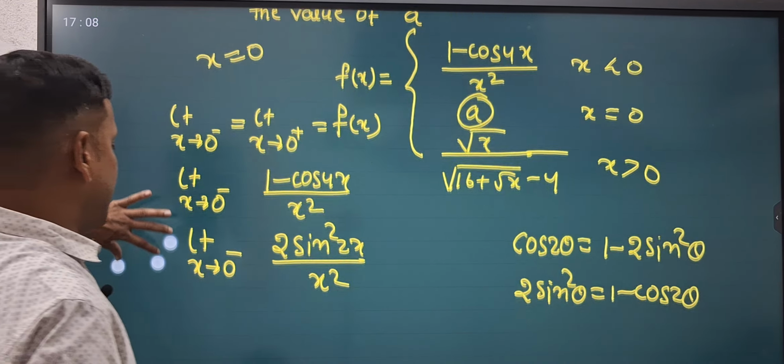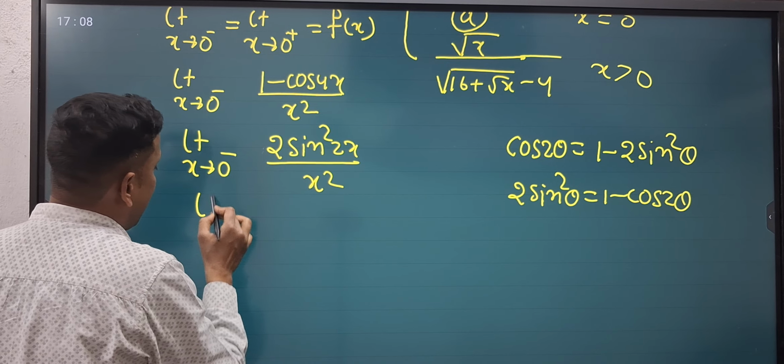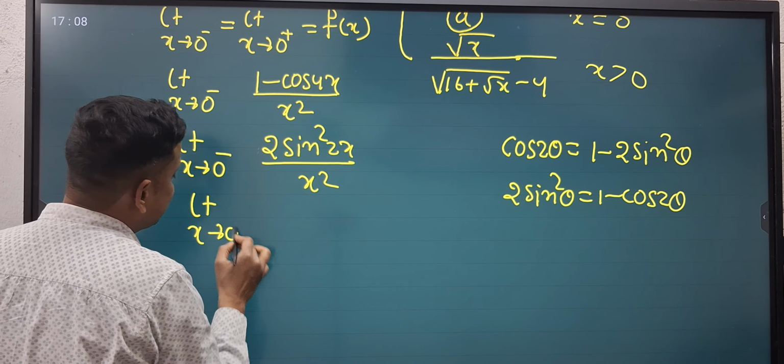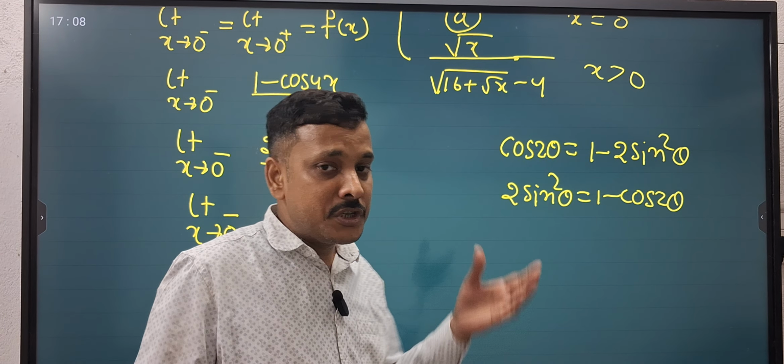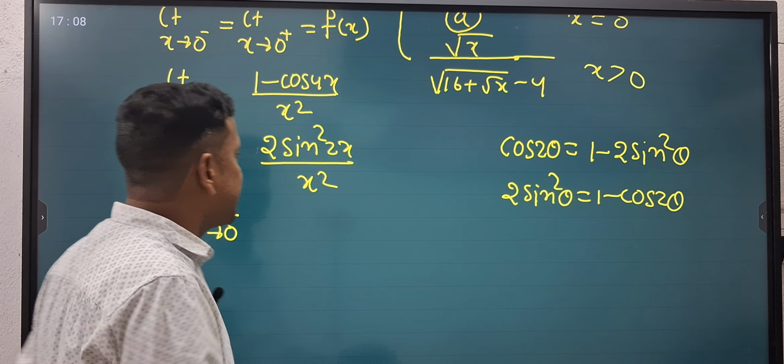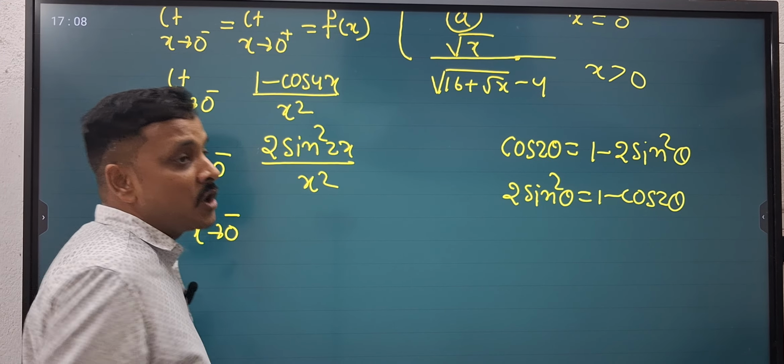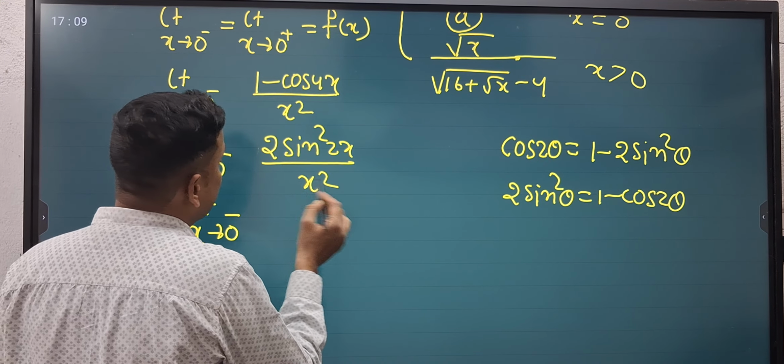Now what do I have to do? I can write limit x tends to 0 minus. Here you know that limit x tends to 0, sin x by x is 1. Here it is 2x, but below it is x only, so I have to make it 2x.